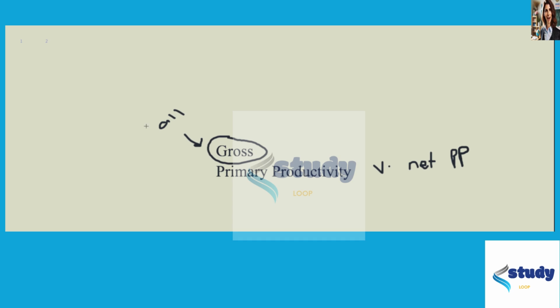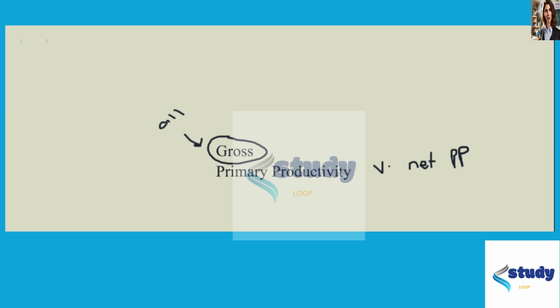It depends. But anyway, in this case, we're dealing with the total primary productivity available at a given level. And in order to figure that out, let's take a look at our answer options and figure out which ones tend to imply gross versus net primary productivity.